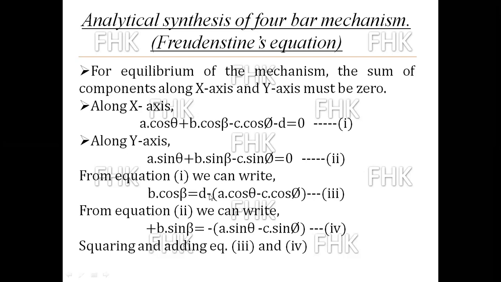this minus minus will become plus of the whole bracket. You know, in trigonometry we learn a plus b bracket square is equal to a square plus b square plus 2ab, or a minus b bracket square is equal to a square plus b square minus 2ab.